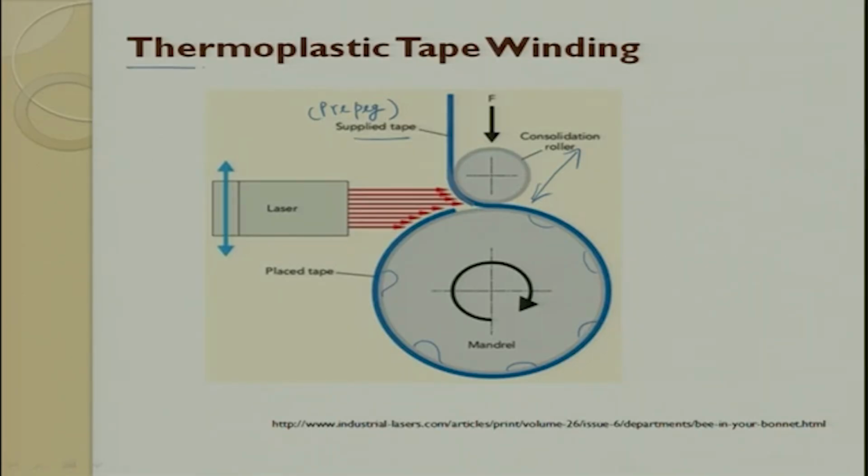So, this process is called the thermoplastic tape winding process. It is very similar to the thermoset filament winding process, but the only difference here is the matrix. So, this matrix plays a very important role.